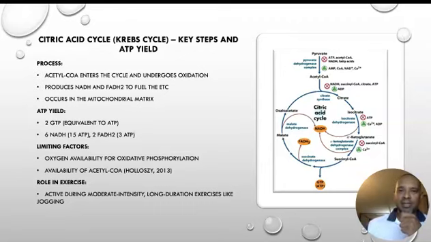The citric acid cycle yields 2 GTP, which is equivalent to 2 ATP, along with 6 NADH and 2 FADH2, giving a total of around 18 more ATP. This cycle is especially important during moderate intensity, long duration activities like jogging, where it keeps producing energy efficiently. Research also shows that this aerobic pathway is more active in slow twitch muscle fibers during longer, steady activities.